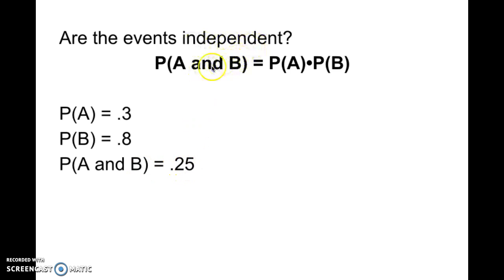Now, if these are independent, A and B would be what we get when we multiply the probability of A and the probability of B. But 0.3 times 0.8 equals 0.24, not 0.25. So these are not independent.